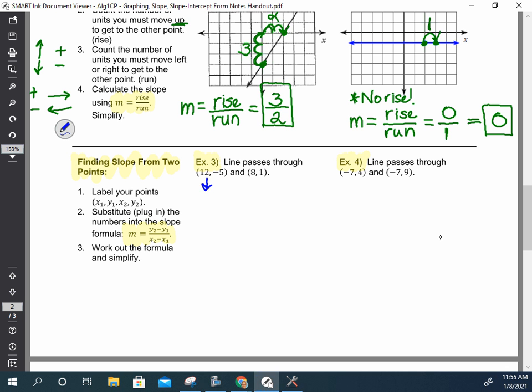So 12 is the X1, -5 is the Y1, and 8, 1. 8 is the X2, and 1 is the Y2. If you don't need to label it, that's fine. Just make sure that you put everything in the right place.